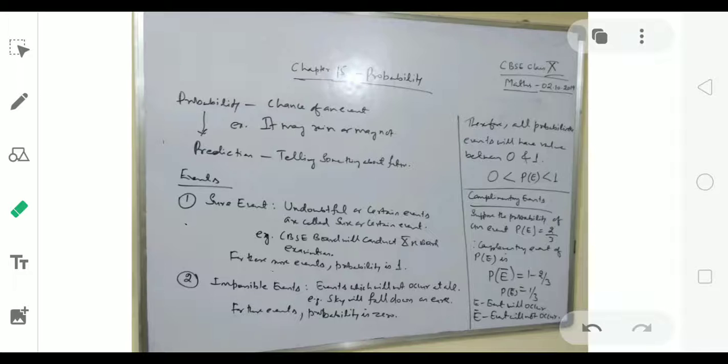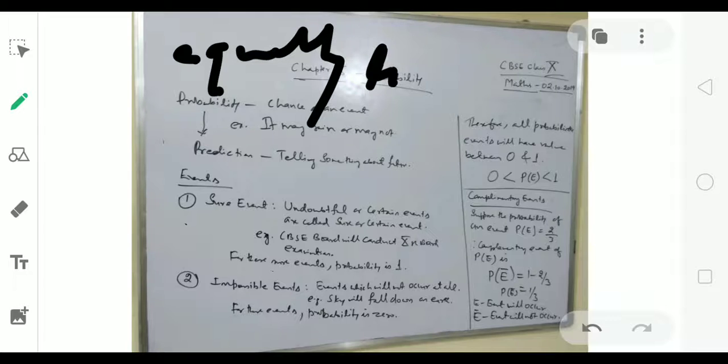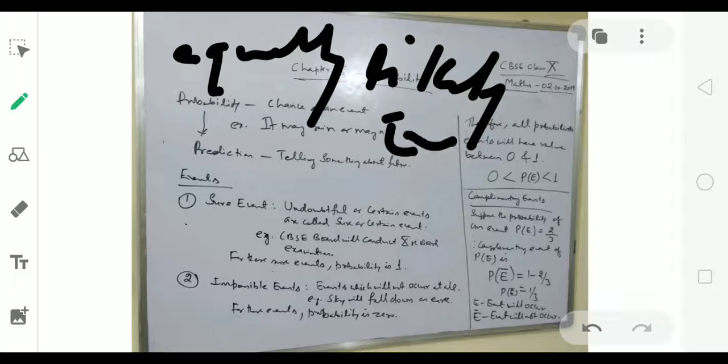So in this particular slide, we had a good discussion on probability, the topics which we are going to study. And one more event I want to tell you all, that is called an equally likely event. Those events where the chance of occurring of the event is 50%, that is 1 by 2, and the chance of not occurring of the event is also 50%.